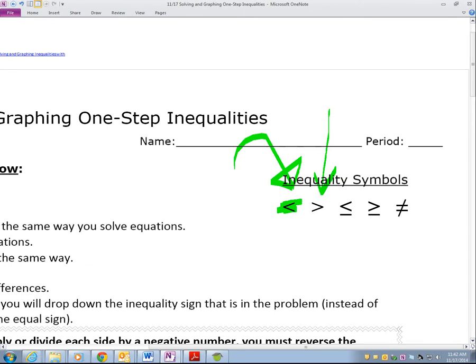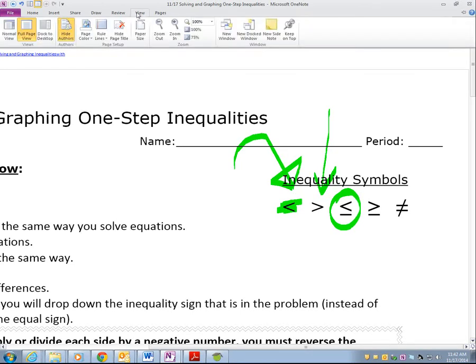Then the next one that we have is right here, and that one is, yes, greater than. Because when you first see the symbol, it's bigger, and then it gets smaller. So greater than. But then there's this one, which is new. It's greater than, less than. Yes, less than or equal to.